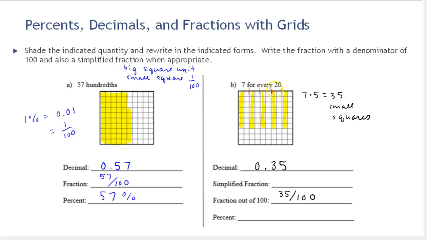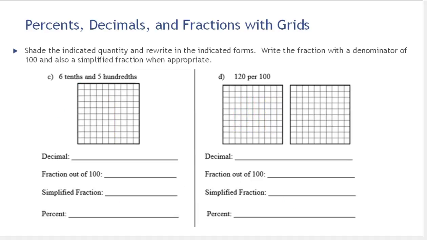So 7 for every 20 means 7 over 20. So these two fractions are equivalent fractions. Notice if I multiply the denominator and the numerator by 5, I would get this fraction. Then once we have it over 100, it's easy to rewrite as a percent. 35 hundredths is 35 per 100, or 35%.